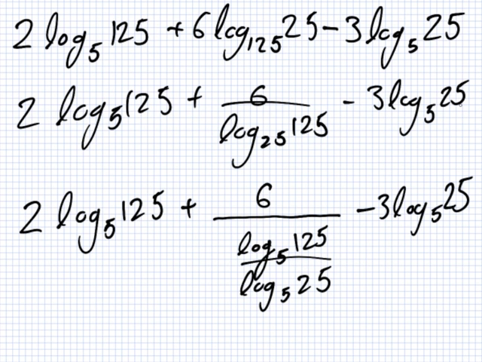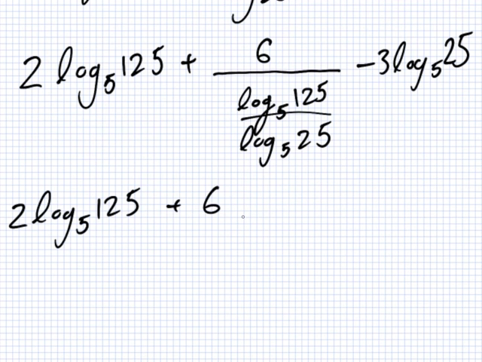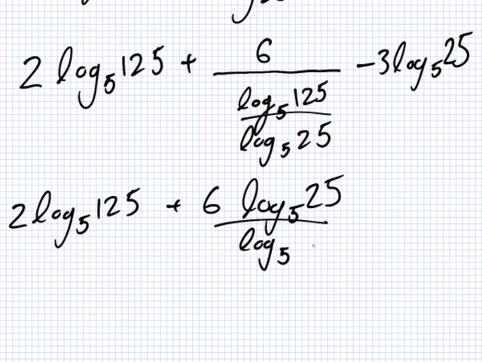I think the first term cancels the last term. Oh yeah, I can put the first with the last one as well, which I'll do in a moment. It doesn't completely cancel, but you can put them together. Right, so here we get 2 log 5 of 125, plus 6 log 5 of 25, over log 5 of 125, minus 3 log 5 of 125.